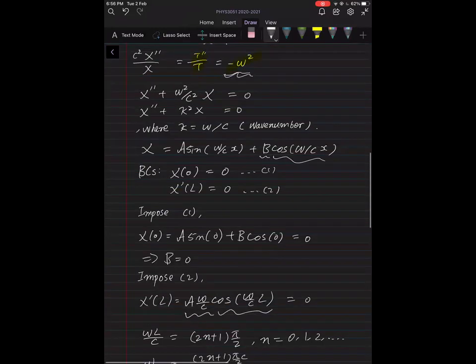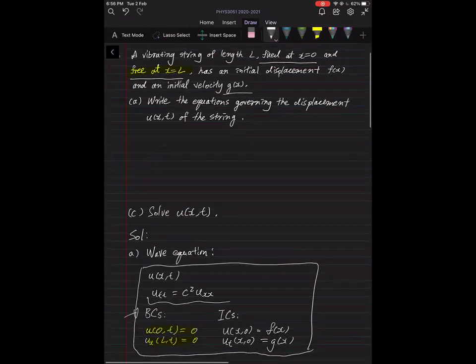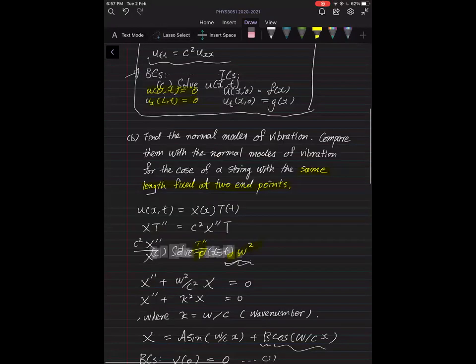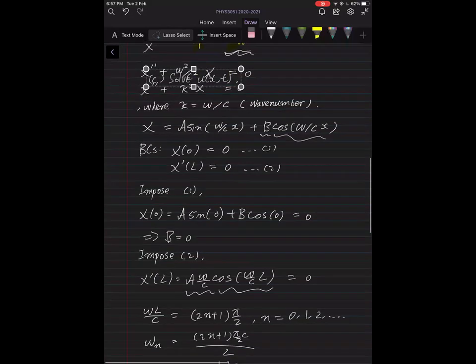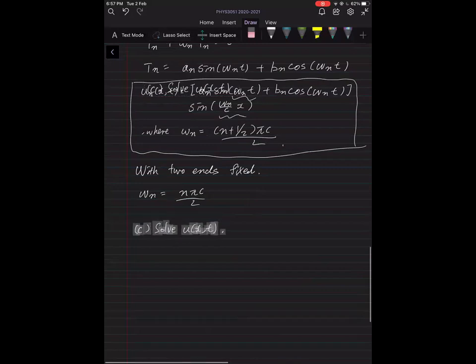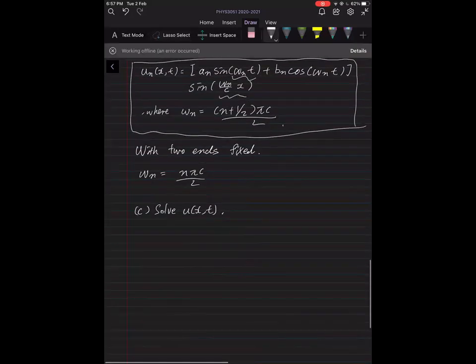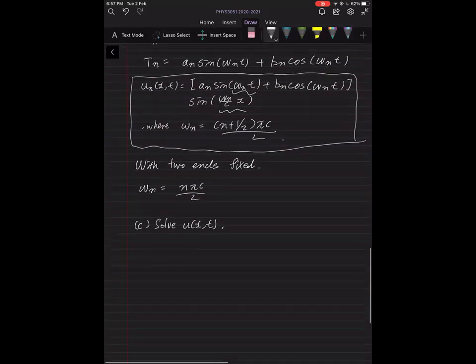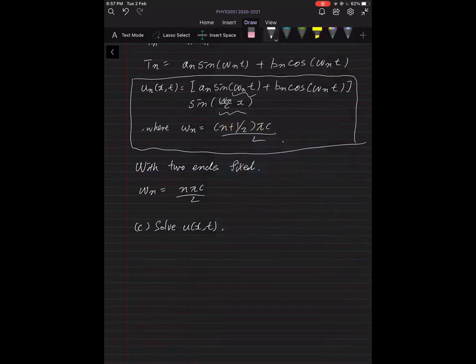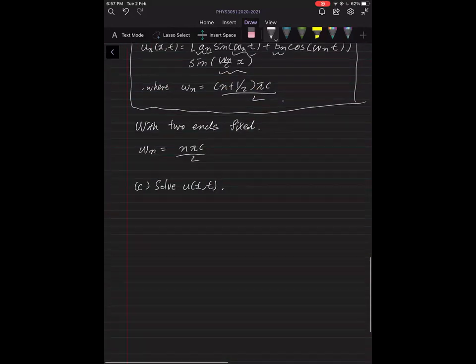Okay, then the final part, to solve the entire problem. Right, so we have the normal modes here, and the next thing we need to do is to solve the coefficients A_n and B_n.